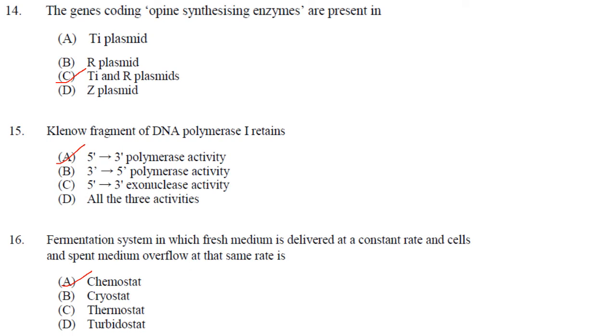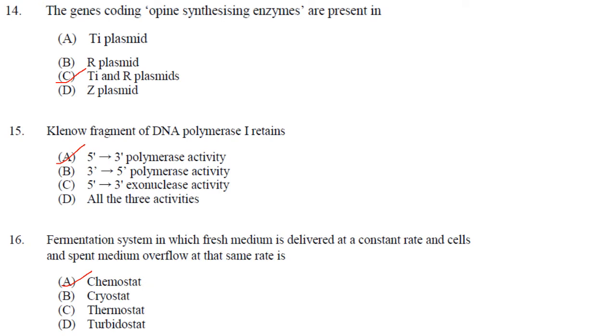The next one, the gene coding opine synthesizing enzymes are present in. So opines are used by bacterium as an important source of energy, that is carbon and nitrogen source. These are usually low molecular weight compounds found in plant crown gall tumors, and are produced by bacteria belonging to genus Agrobacterium tumefaciens and Agrobacterium rhizogenes.